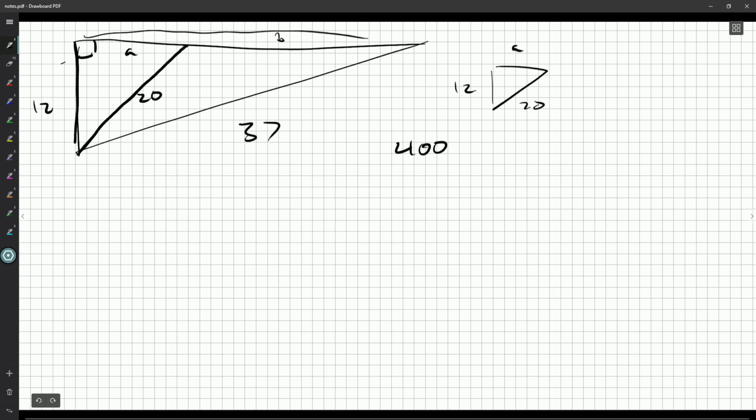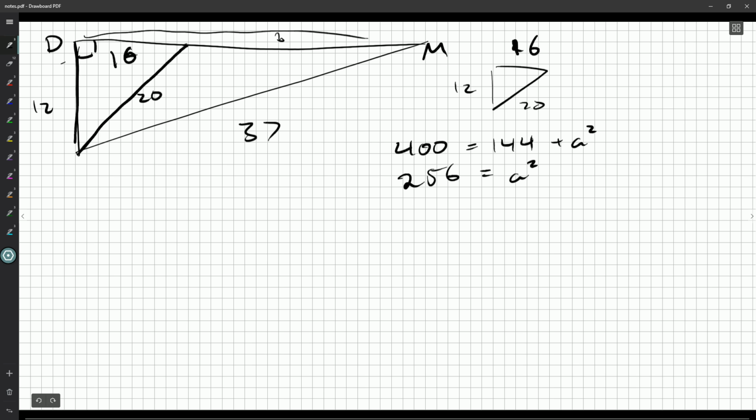But by the Pythagorean theorem, 20 squared should be 12 squared plus whatever this A squared is. If we subtract, we'll get 256, and so you'll see A has to be 16. So Mark is going to move along the road until he's 16 meters away from D.